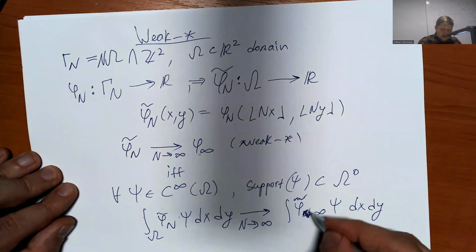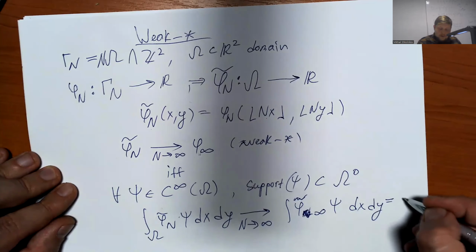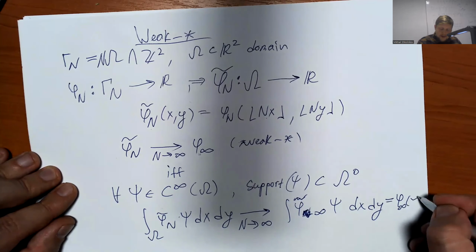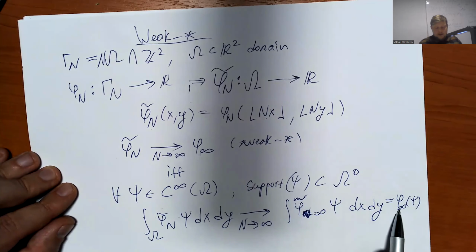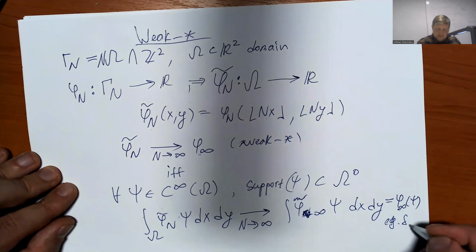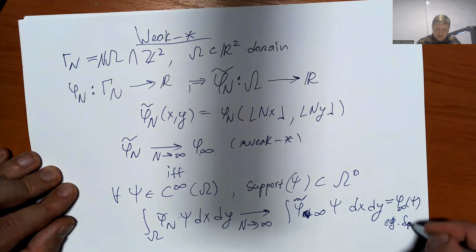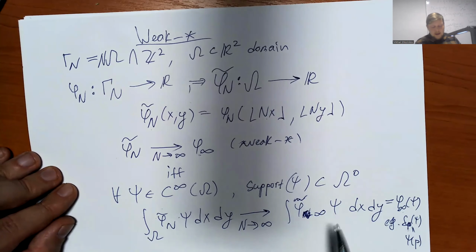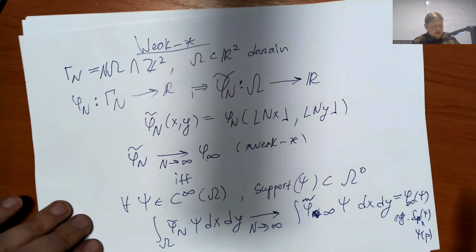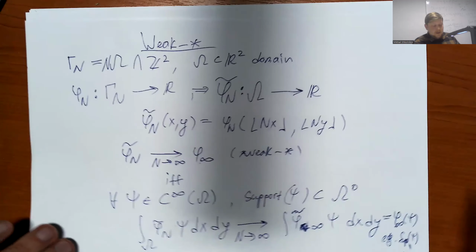So I better write it like phi infinity of psi, that would be more accurate. An example would be delta function at some point p, which evaluates psi at this point. This is not a function, this is really a distribution, the Dirac delta function. Okay, so this is weak star convergence, and now I pick the simplest movie and tell you what would be the weak star limit for this kind of movie.